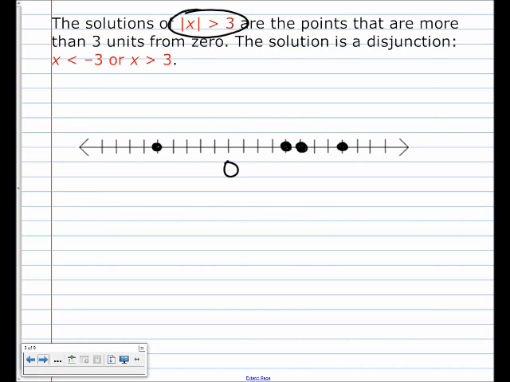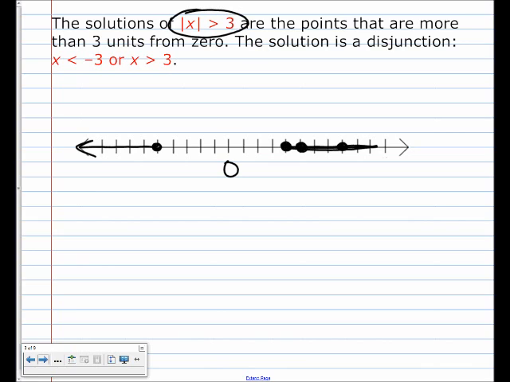So if you notice, I'm actually going to keep going this way, right? Now, there's some other things I need to do in here, though, because it all comes back to 3. What's the absolute value of 3? 3. Is 3 greater than 3? No, so what type of circle goes at 3 again?